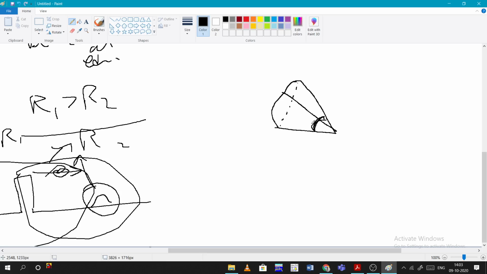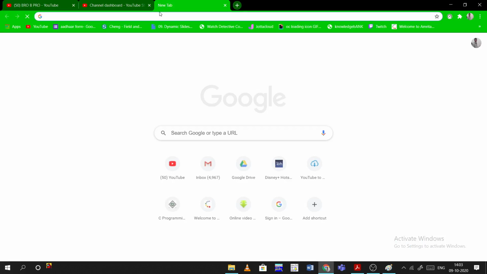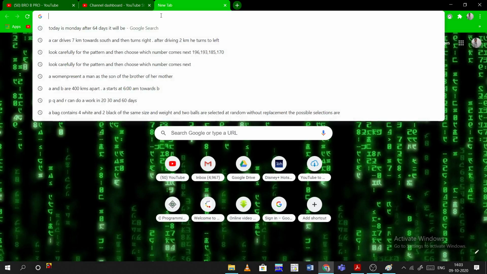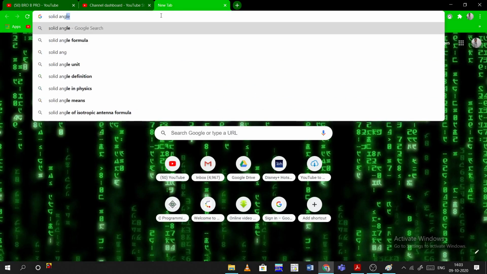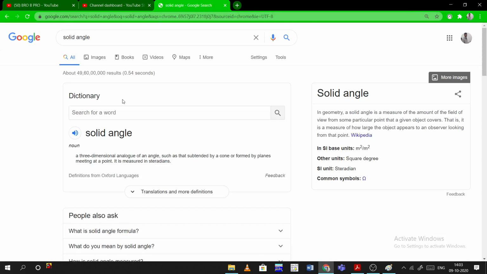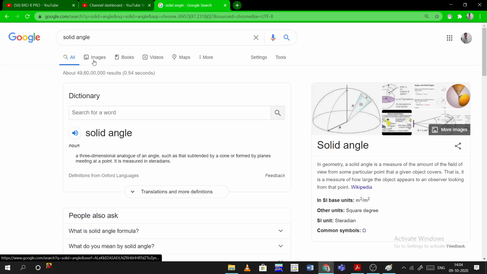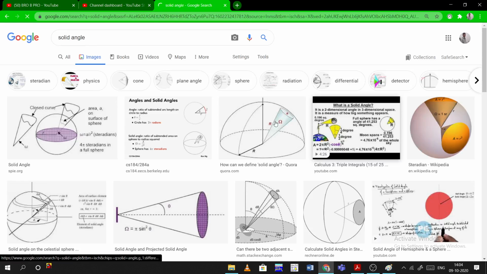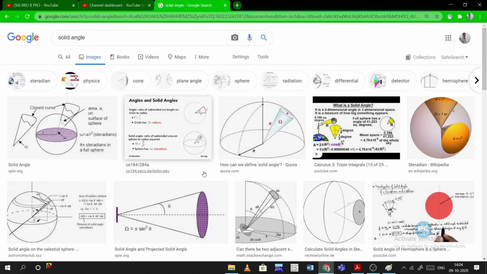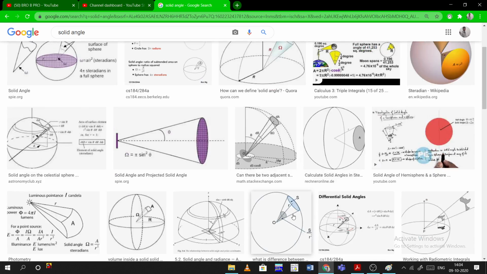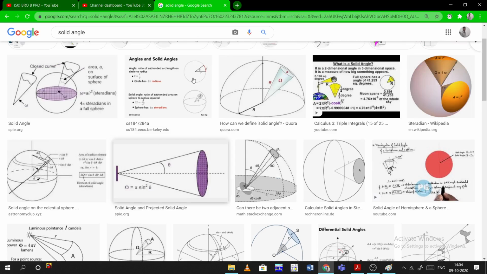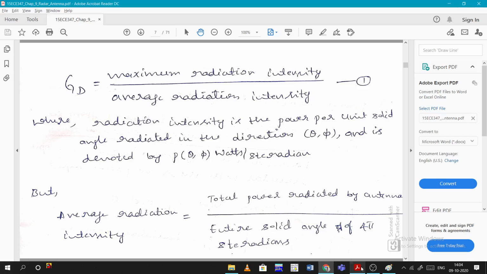It's somewhat difficult, so I'll show you using some examples. You can see it's like this, 3D. Now let's come back to the PDF.